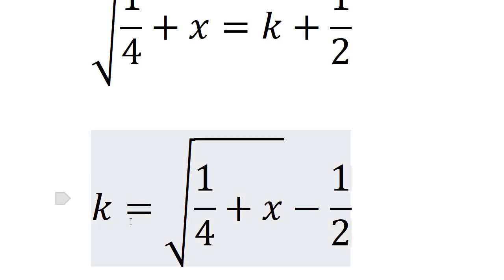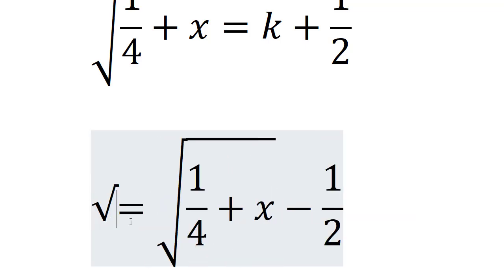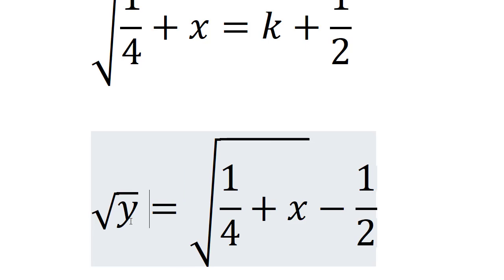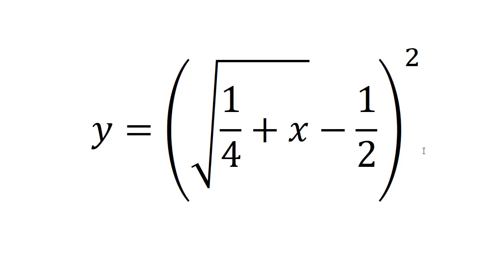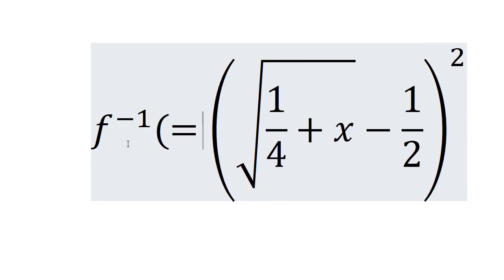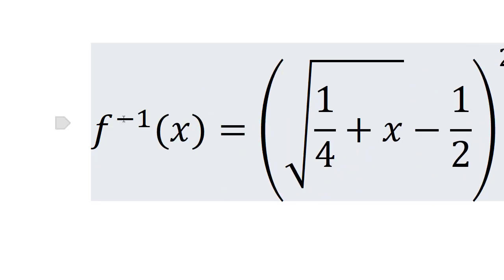But remember that k is equal to the square root of y. So now I have to say that I'm going to square both sides, and I get that. So supremely tough question. You must remember at the end of an inverse question to write it out correctly. So there we go. Tough question.